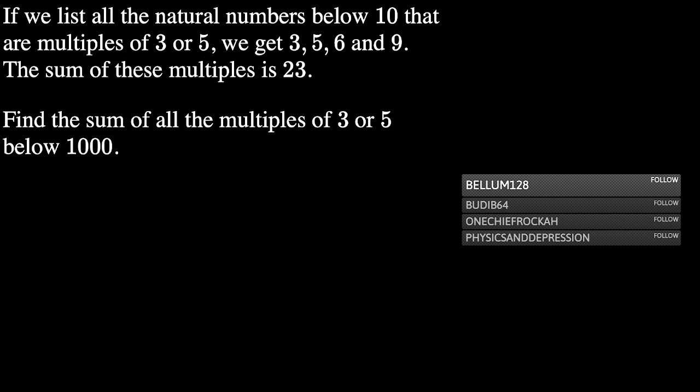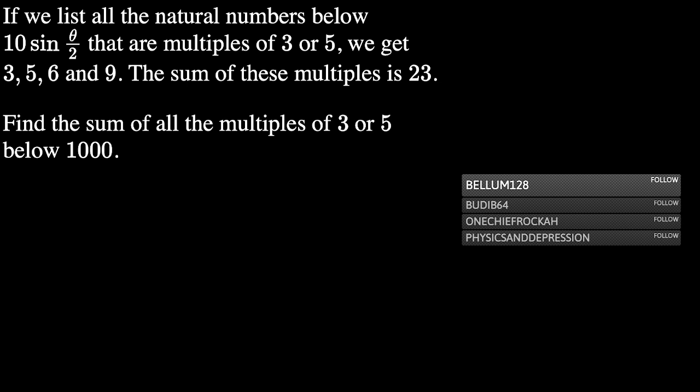I'm a pure mathematician. Warning here, I don't have very much programming background, so I apologize in advance. But here we go. Now it says we list all the natural numbers below 10 sine theta over 2 that are multiples of blah, blah, and it looks nice. That's the point of the dollars.